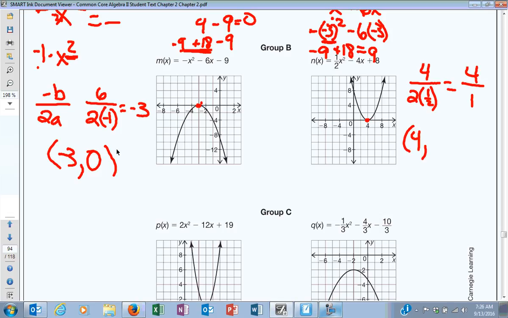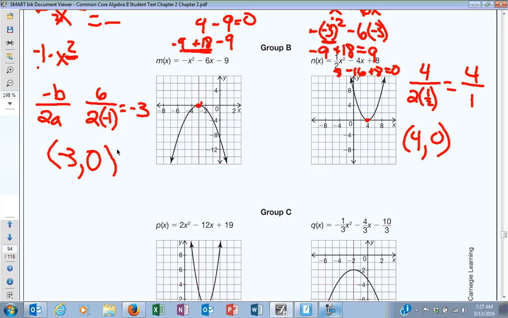How do I find my y? 4 squared is 16. Half of 16 is 8, and 4 times 4 is 16, so we have 8 minus 16 plus 8. Well, 8 minus 16 is negative 8. Negative 8 plus 8 is 0. Doesn't that back up what we thought was going to happen? Again, my vertex is falling on my x-intercept.